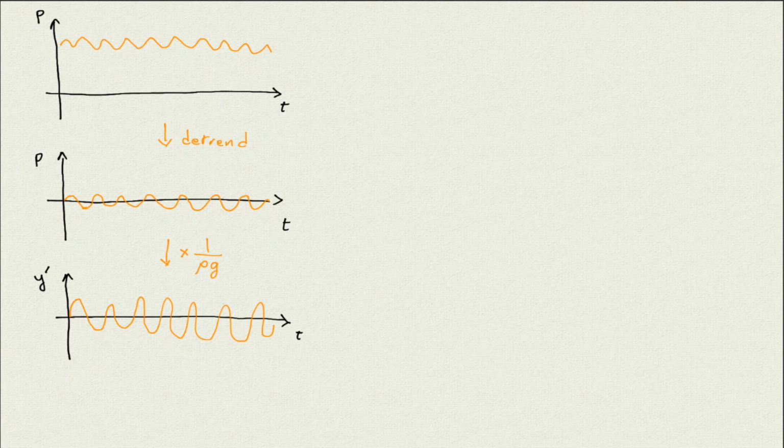If we want to do the spectral analysis, what we will do is we go ahead and say that we have the y prime, and then we calculate the spectrum of that y prime.